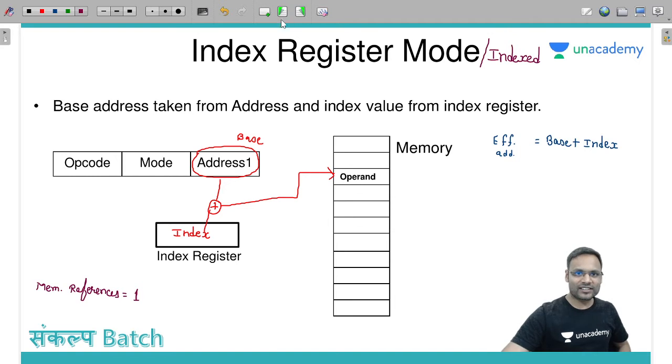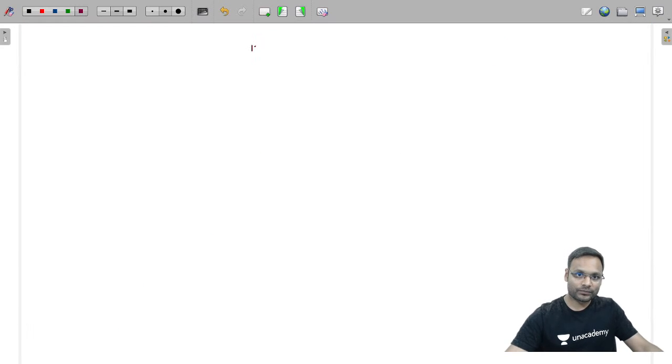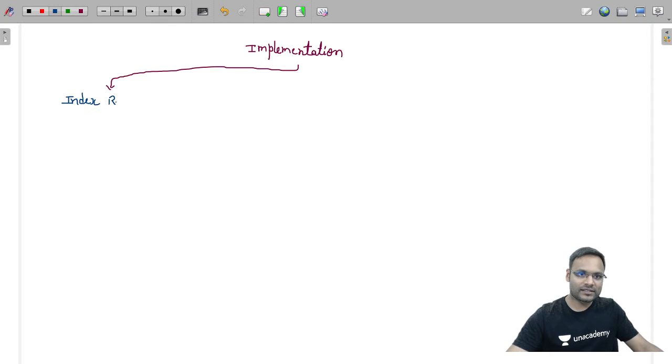Now this index register mode has two implementations. Somebody asked, sir, in index mode the index register is a special purpose register. There are two types of implementation. One implementation is where the index register is a special purpose register.